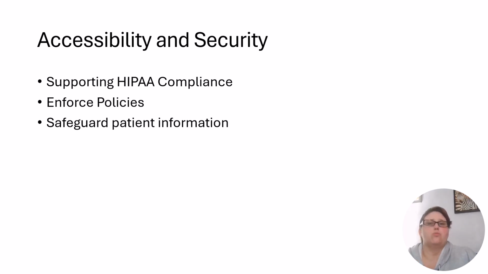As HIM professionals, we secure a wide range of patient data, from personal contact information to medical history and payment records. We must follow HIPAA compliance to ensure that patient data is secure. That includes supporting HIPAA compliance, enforcing policies, and safeguarding patient information.